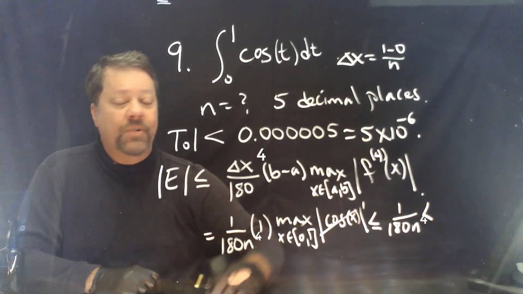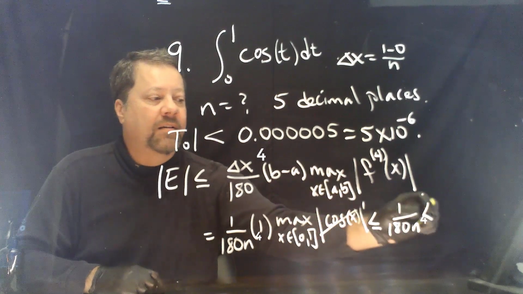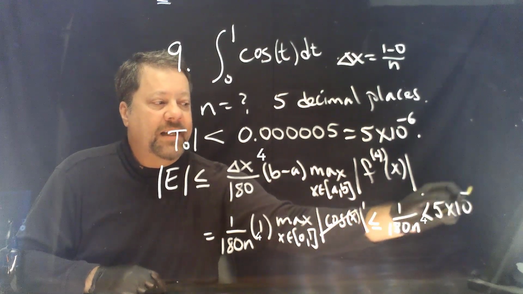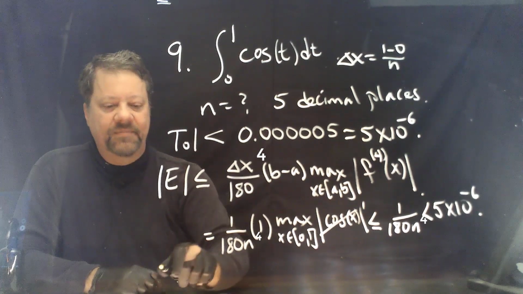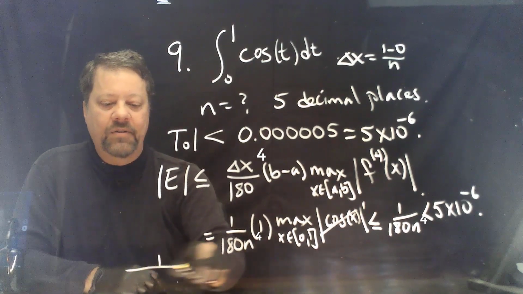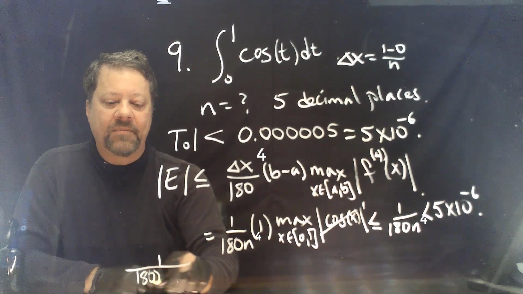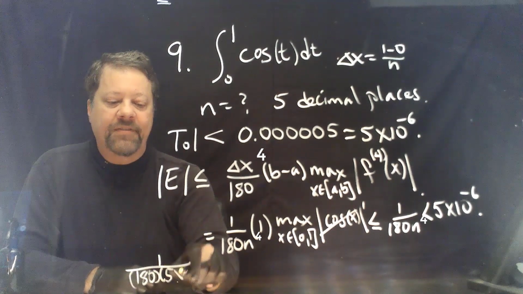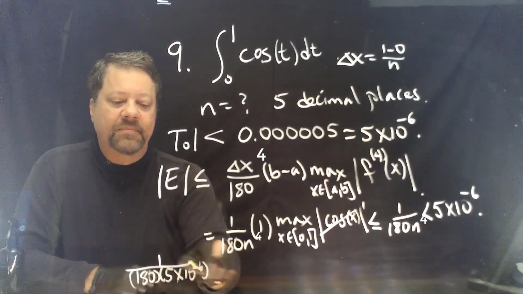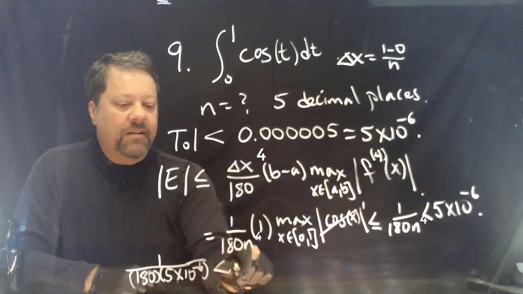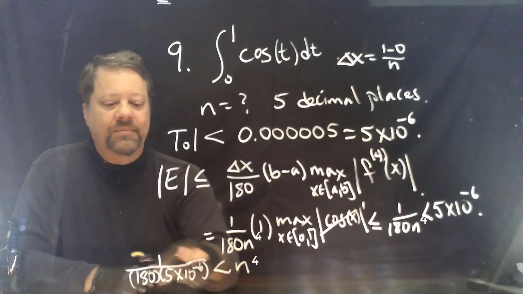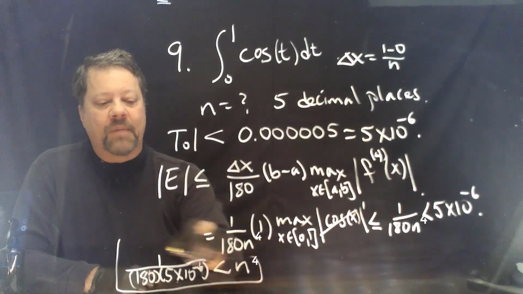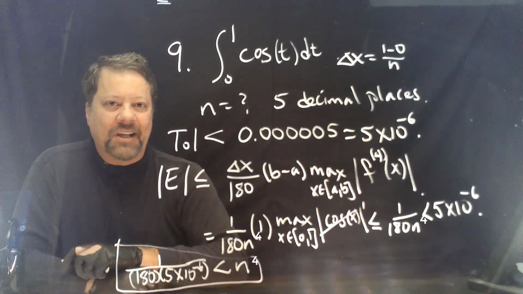That must be strictly smaller than our tolerance for error, which is 5 times 10 to the negative 6. Rearranging this, you can see then that we'll have 1 over 180 times 5 times 10 to the negative 6 must be smaller than n. So n will be at least this value. And this is where you drop the computation, since I don't allow calculators on the exam.